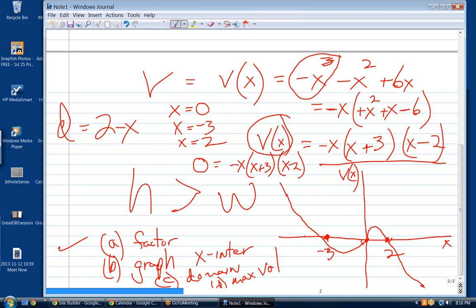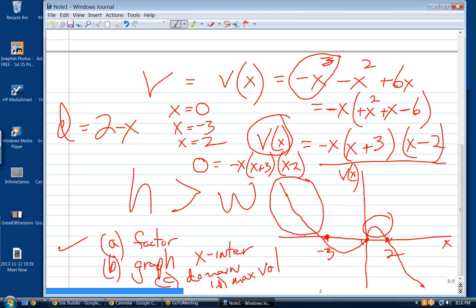Yeah. V of x can't be negative. Also can't be 0. So the only areas on this chart that are allowed are right there and right there. There's no way we can have an x that gives us a negative volume. Negative volumes don't exist.